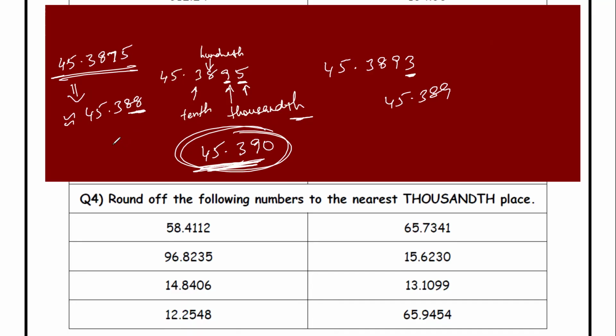It's like rounding off to the nearest 10th place. If you had 45.39, it gets confusing in a way. Let me put it this way: if it was 45.95, to the nearest 10th place, it would become 46.